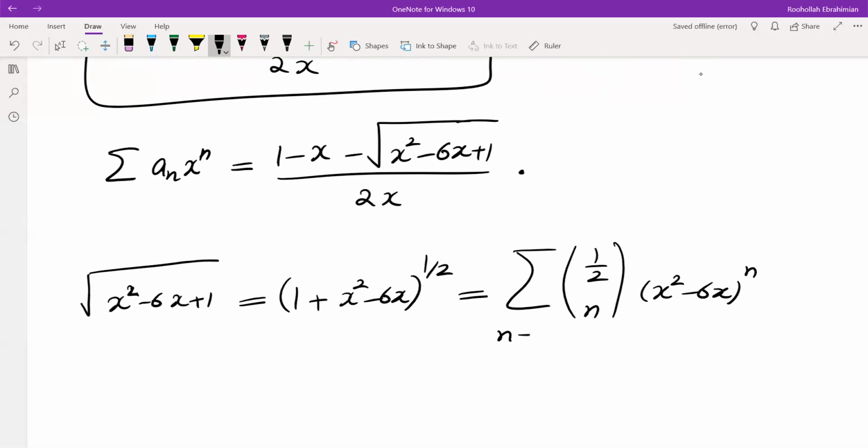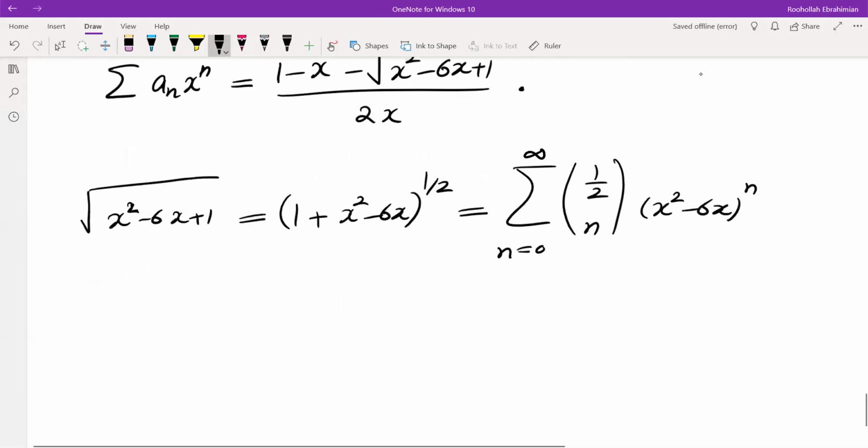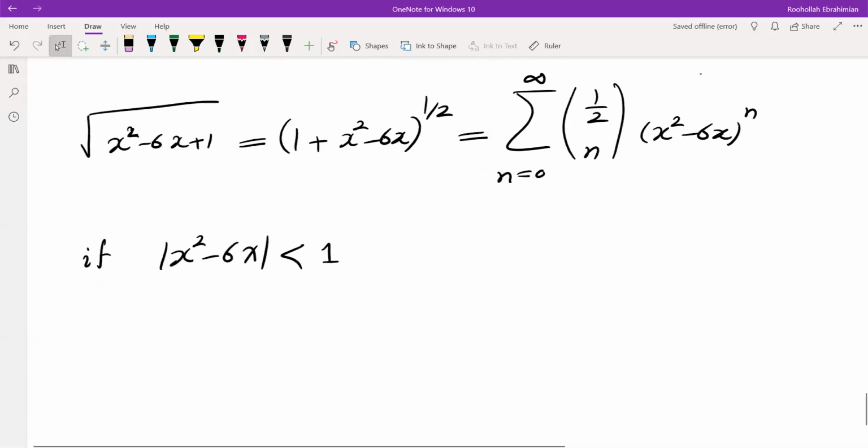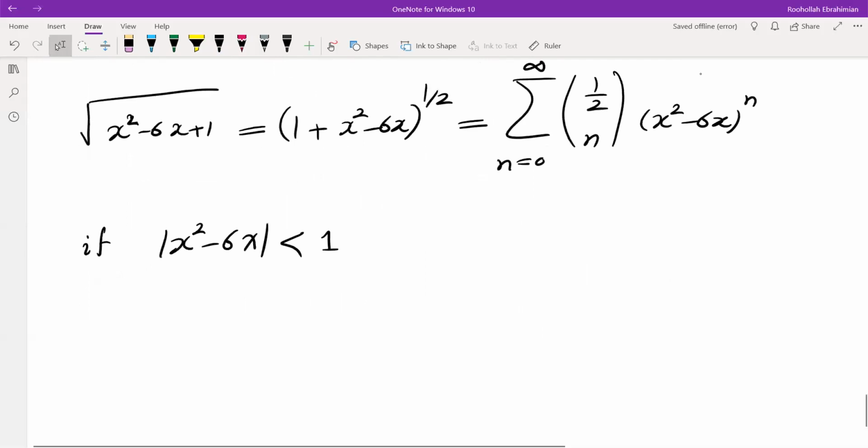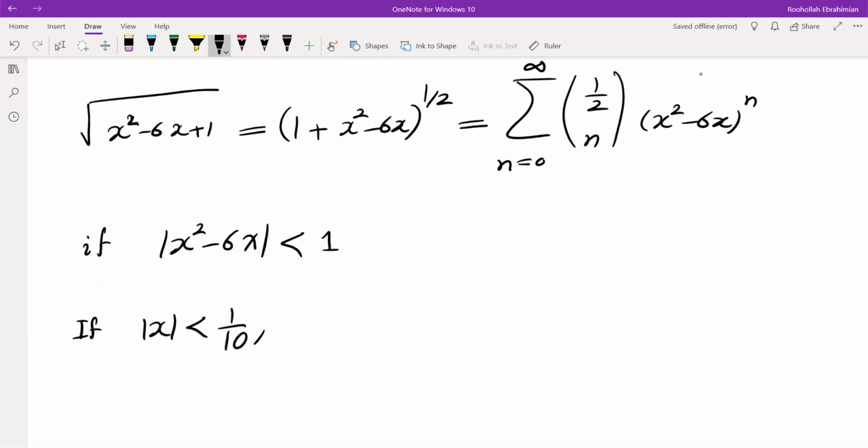But this is valid if the absolute value of x squared minus 6x is less than 1. So we can make sure that x is very small in a way that this is less than 1. So if, for example, your x is less than, let's just say 1/10, then that may not be the best interval, but it is some interval.